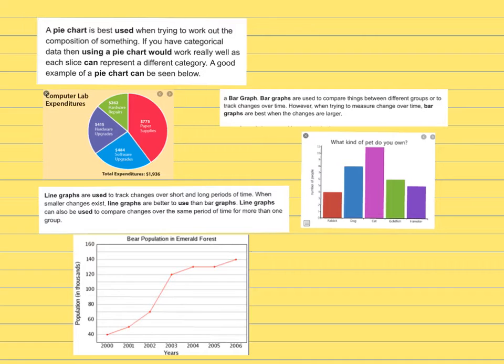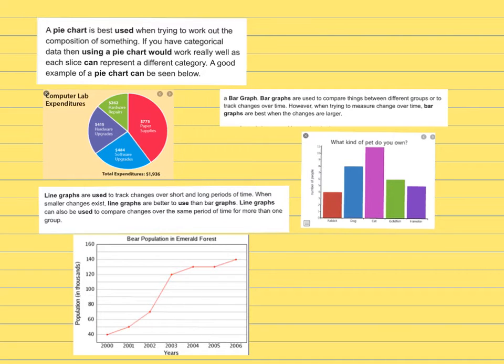So when you want to be precise about the population of bears in a given year, you use a line graph. When you want to see an accurate representation of your data, when you want to look for the values, when you want to see which independent variable goes with every dependent variable, that's when you're gonna use a line graph.